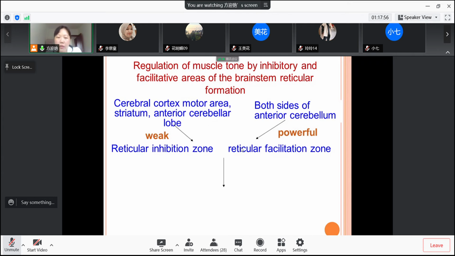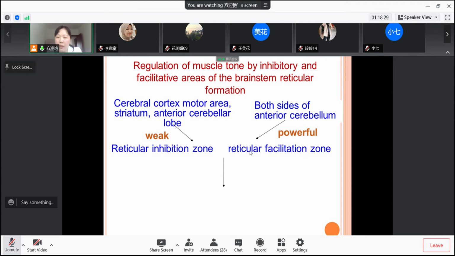The reticular facilitation zone receives input from both sides of the anterior cerebellum. Normally there is a balance between the reticular inhibition zone and the reticular facilitation zone, but the facilitation side is powerful and the inhibition side is weak.